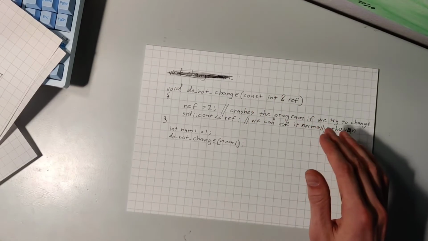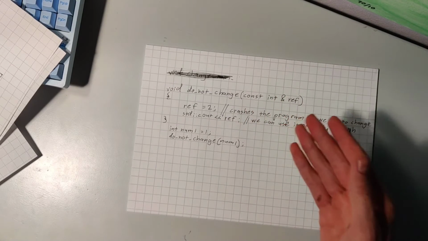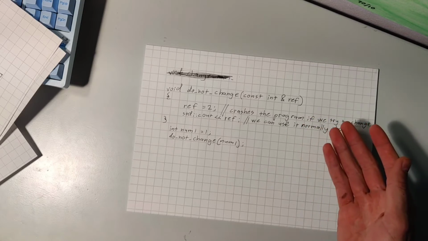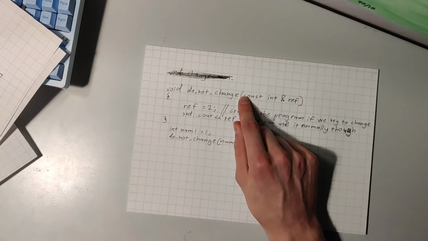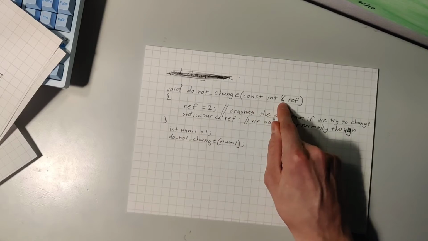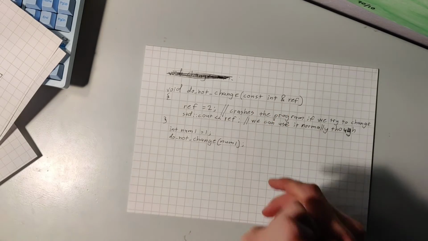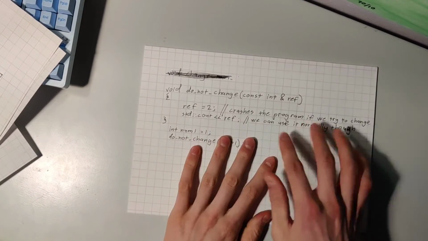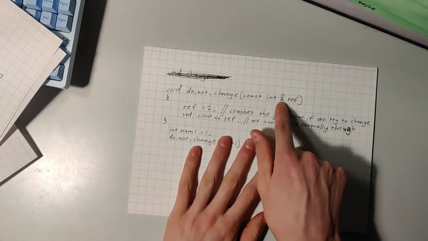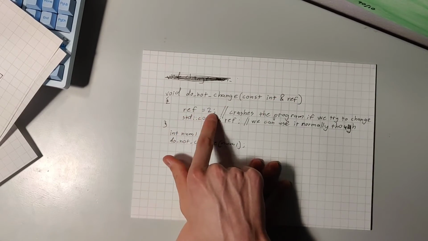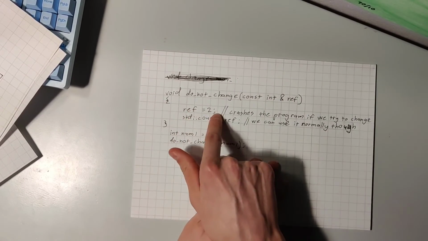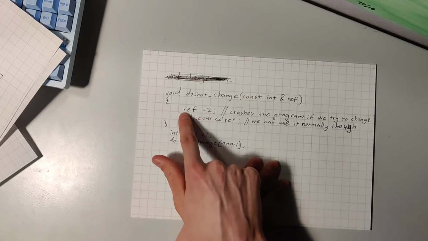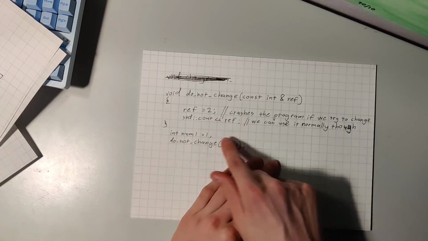If we want to use the big data structure, but we don't want to accidentally change anything in it, we can put the const keyword at the front, which makes it a constant value. For example, if we try to change the ref inside the function, because it's const, it gives an error if we try to change it.